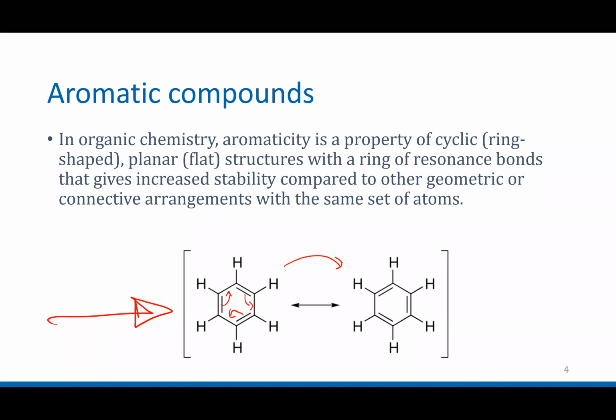And then this structure could do the same thing, move here, move here, move here, and we would get this structure. So this movement of the double bonds is called resonance, and this provides stability compared to other arrangements of similar sets of atoms.